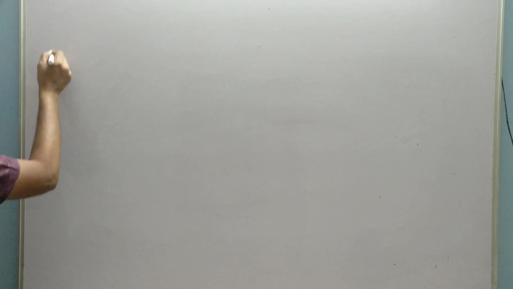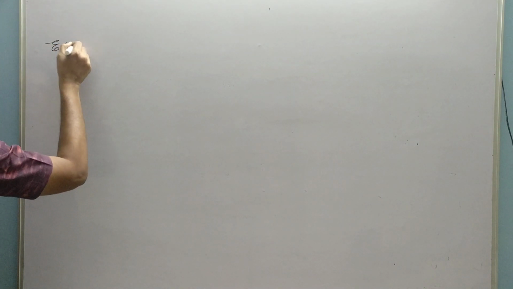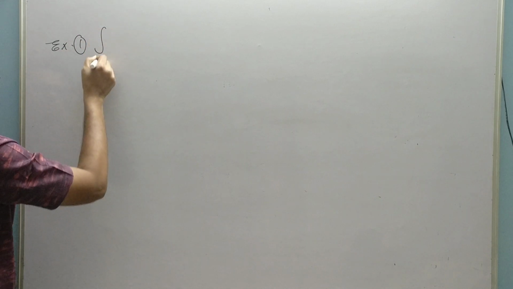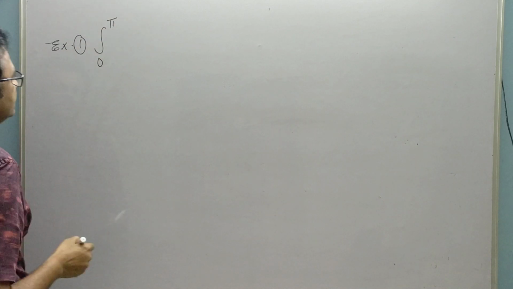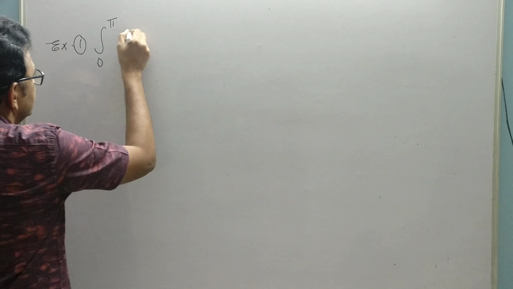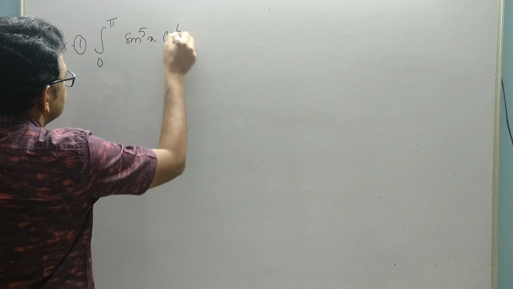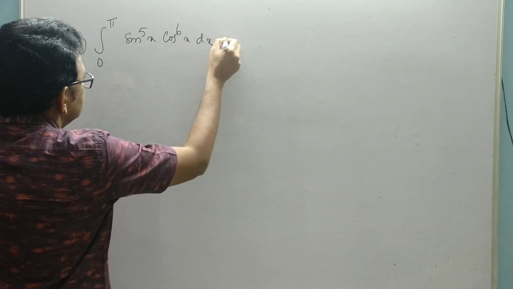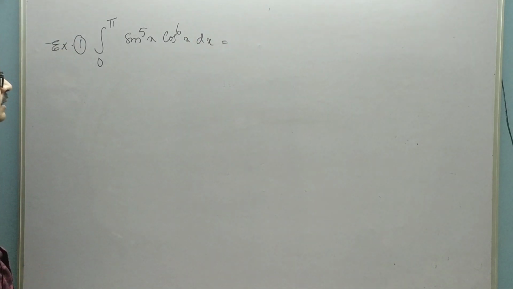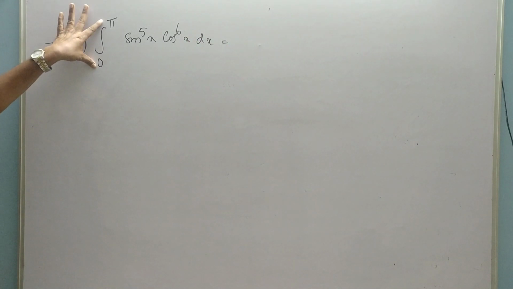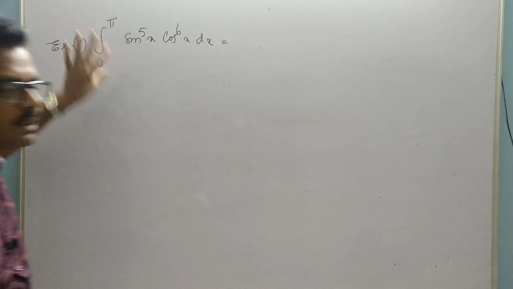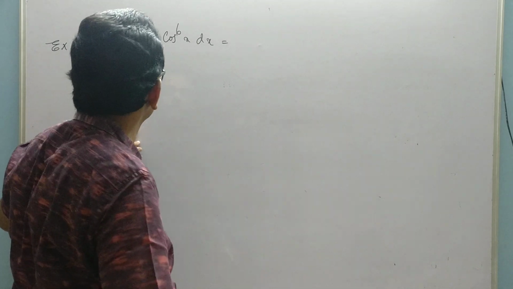Now, by using the property, an example, integral 0 to pi, so this is sin power 5x into cos power 6x dx is equal to, the expansion is valid for 0 to pi by 2 only, but this is 0 to pi, using our properties which is suitable.